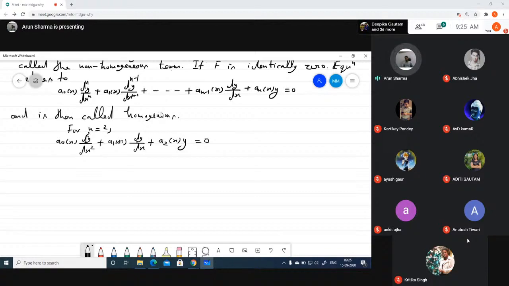So this is an order 2 homogeneous equation.